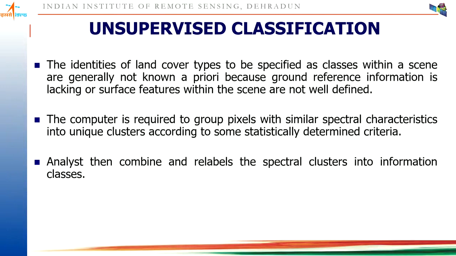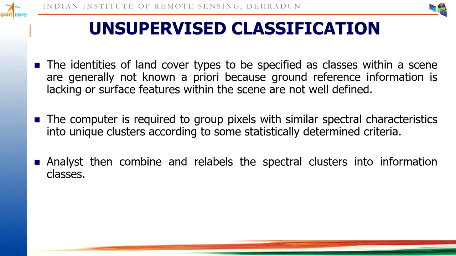The second type of classification is unsupervised classification, as the name itself suggests, that we are not supervising the system. The identity of land cover types to be specified as classes within a scene is generally not known a priori because ground reference information is lacking or surface features within the scene are not very well defined.